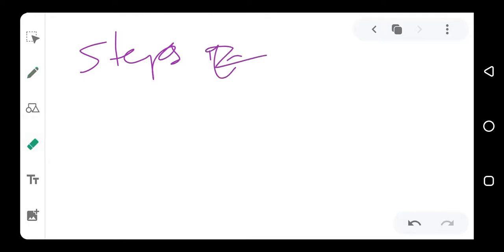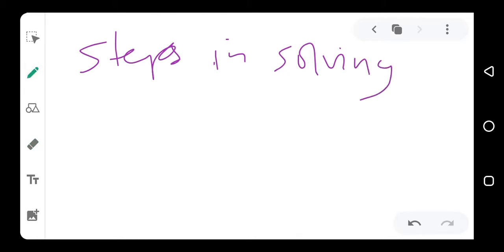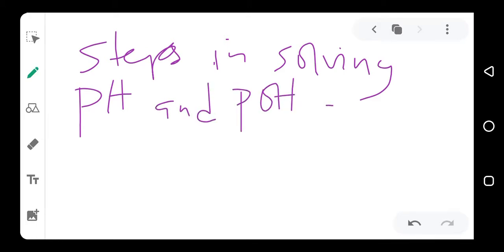Steps to take in solving pH and pOH calculations.